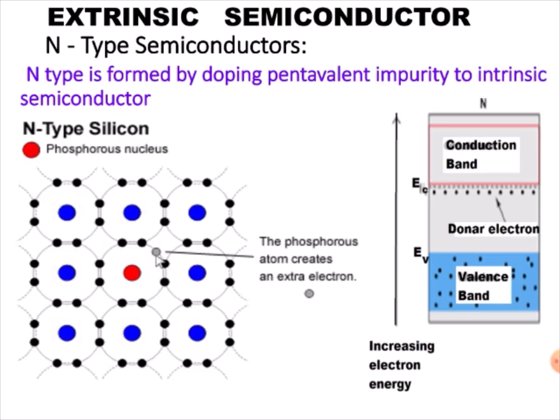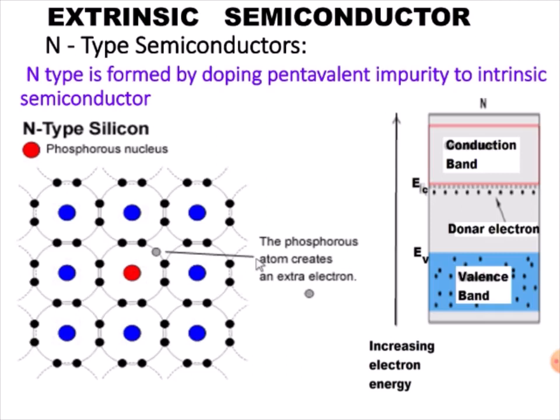But there is one excess electron, which has no counterpart in another atom to form a covalent bond. So one lone electron will always be there for every pentavalent atom added. The number of pentavalent atoms added equals the number of excess electrons in the extrinsic semiconductor.